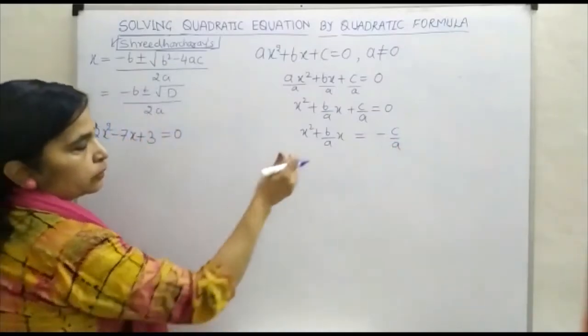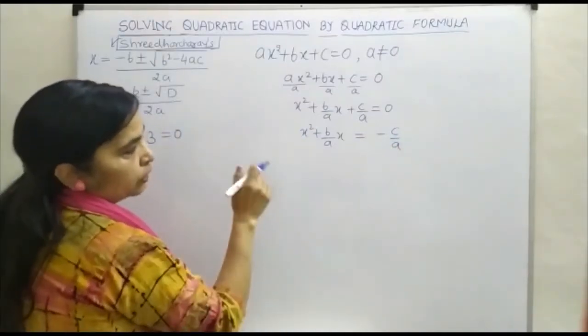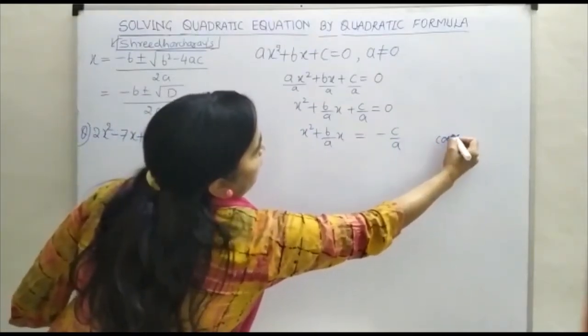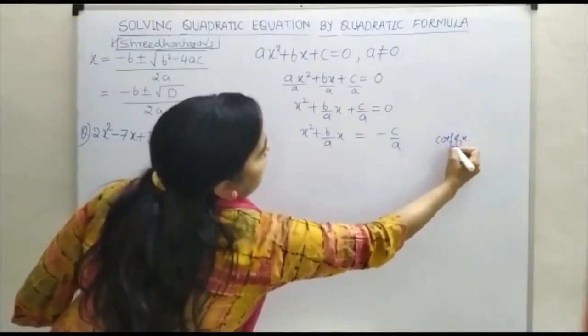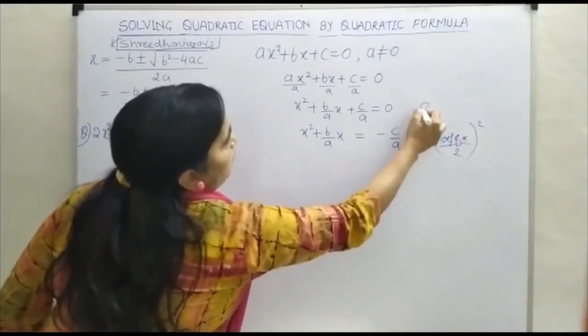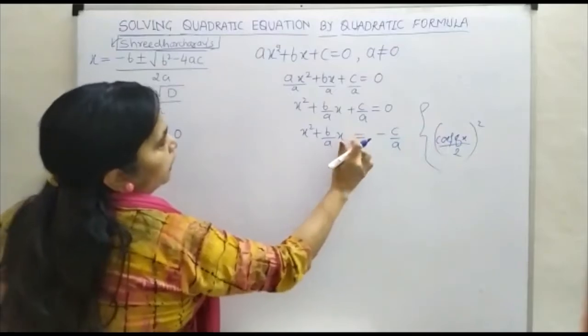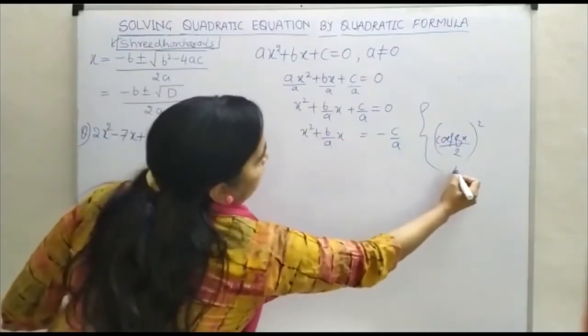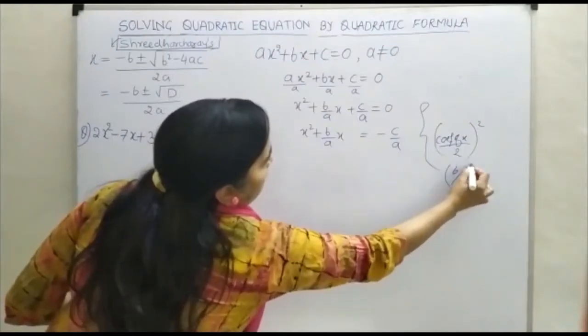As you know, in order to make it a perfect square, you have to add coefficient of x divided by 2 the whole square on both the sides. Therefore, you can see here it will become b upon 2a the whole square.